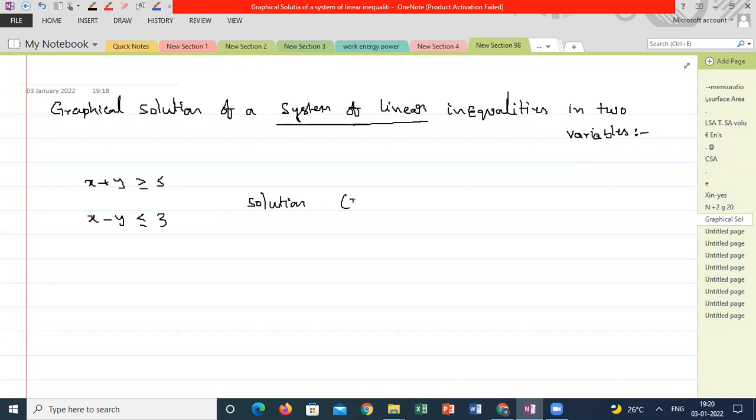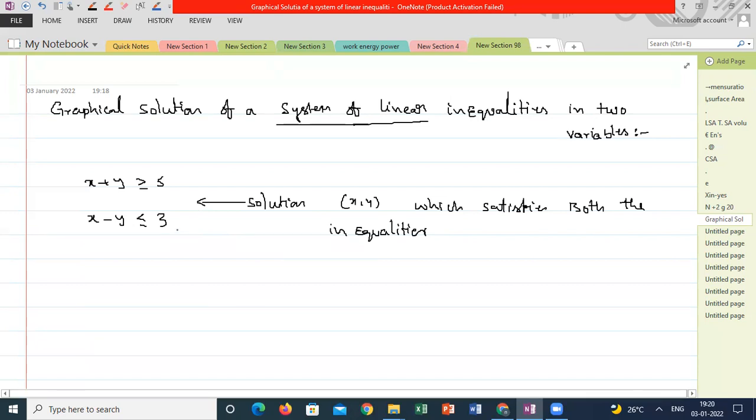That means the set of some x comma y values which satisfy both the inequalities. That's the meaning of solution set of this system of linear inequalities.